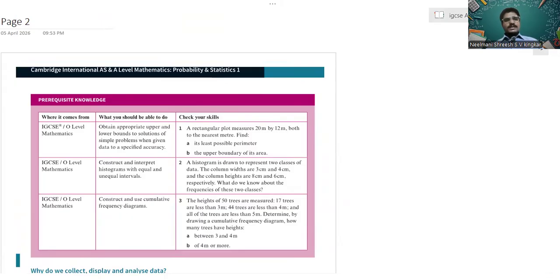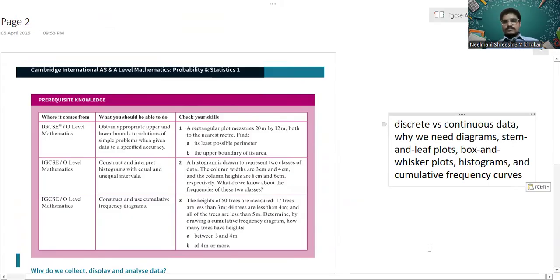So we will be covering discrete data versus continuous data, why we need diagrams, stem and leaf plot, box and whiskers, histograms, and cumulative curves. This is the list of the things that we are going to cover in this particular video.